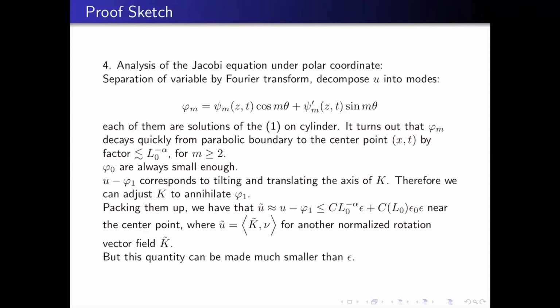If m is greater than or equal to 2, and also if Pm exists on a large backward parabolic neighborhood like this, or it should be like Pcm and Pcm prime, and if they are reasonably small on this parabolic neighborhood, then at the center, it will actually become much smaller by the factor of L0 to the minus alpha.